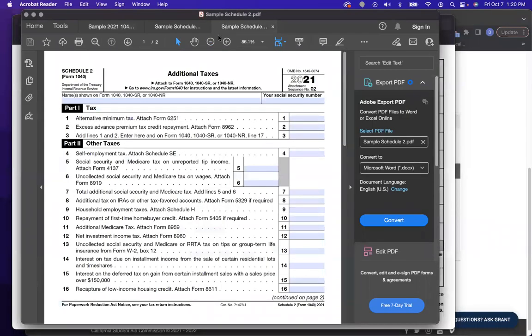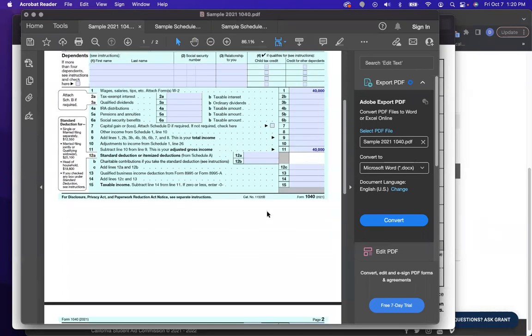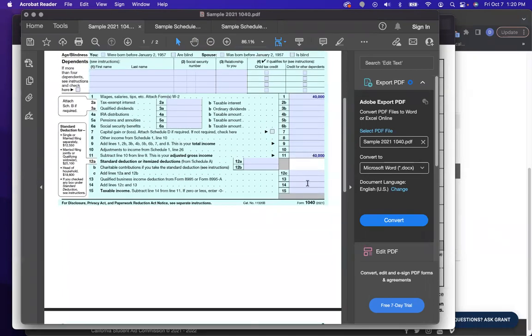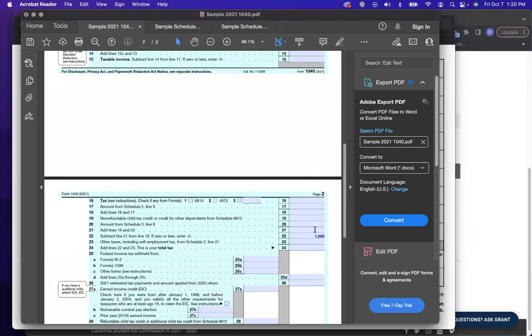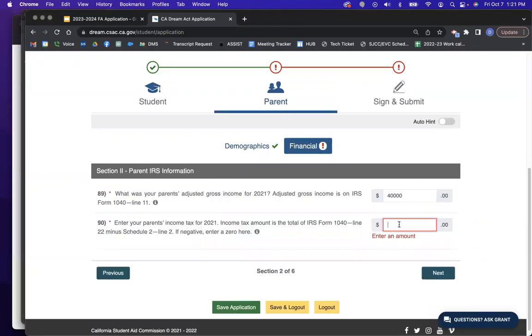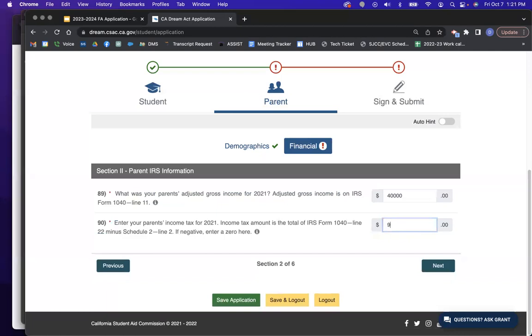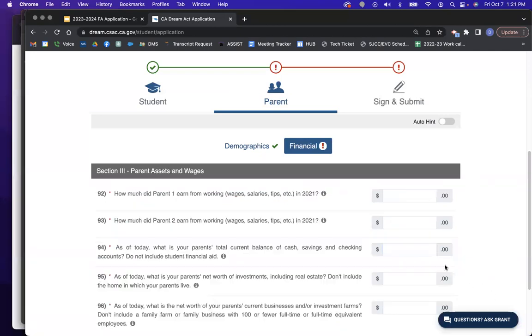If they have a Schedule 2, you will see if there's anything on line 2. If there's nothing, then you just assume a 0. For the purposes of this example, if it says 100, and line 22 says 1,000, then it would be 1,000 minus 100, which is 900.